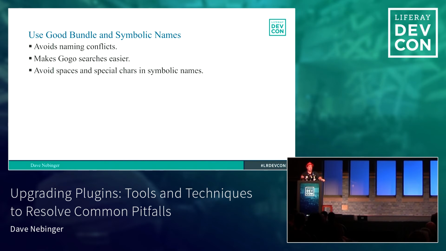Because when I go into Gogo, I want to be able to do lb and grep for MIT in order to find all of the custom modules that I have created for that client. And it's going to exclude all the Liferay ones. Or I want to be able to do lb and grep for foo because I want to see just the foo modules. So using good naming here is going to be very important.